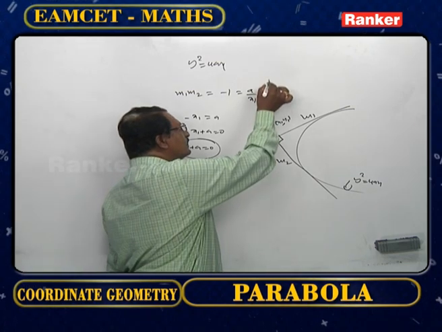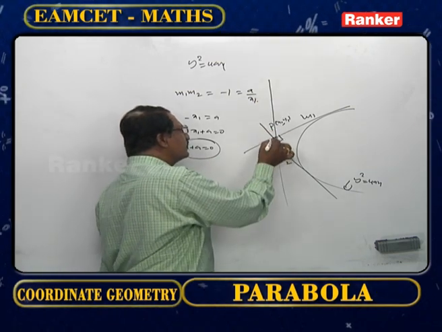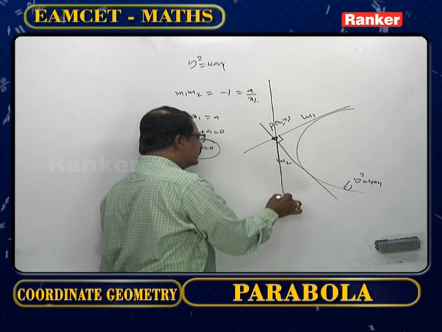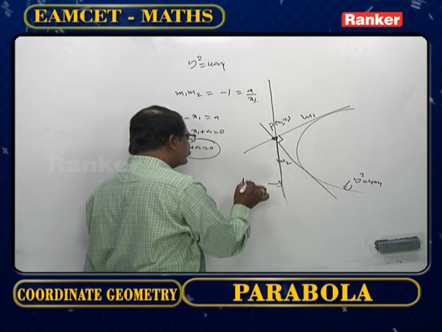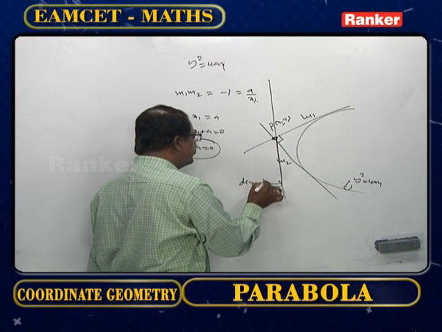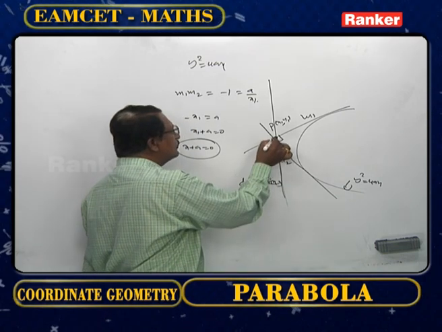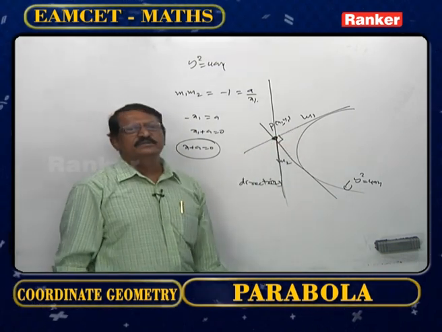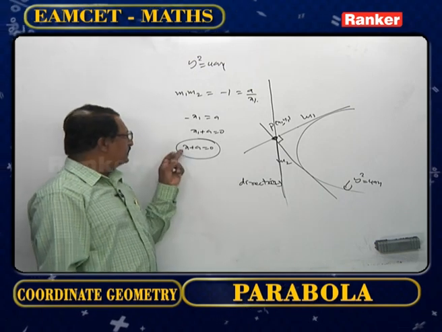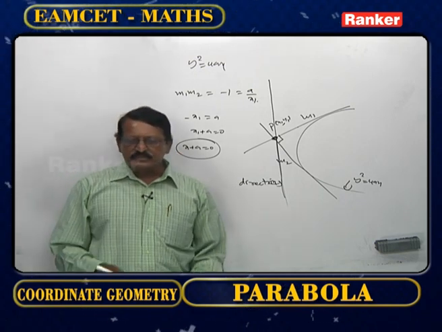Means perpendicular tangents always intersect on the directrix, or the locus of the point of intersection of perpendicular tangents is the directrix of the parabola. Its equation is x + a = 0.